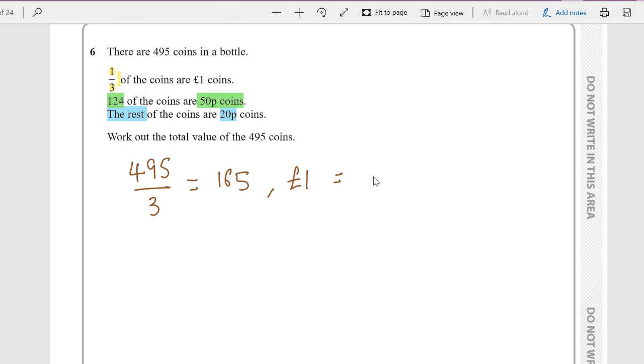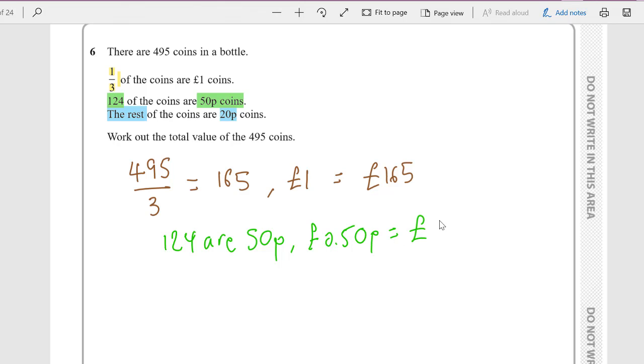So that means there's going to be £165 worth of £1 coins. And then we know that 124 are 50p. So that means that the 50p coins equate to £62. And then it says that the rest are 20p.